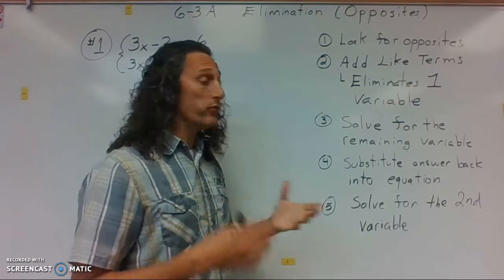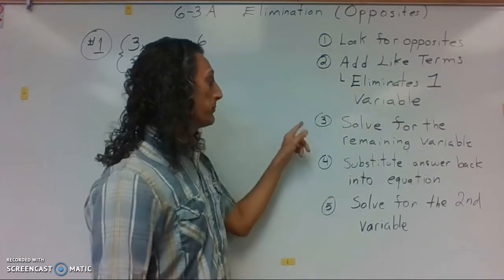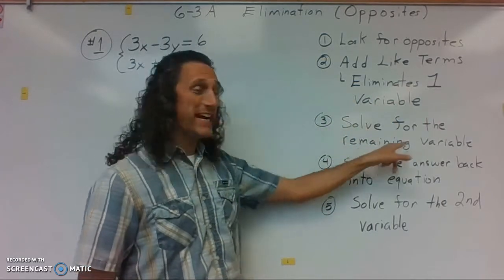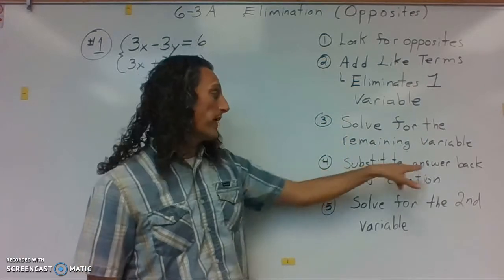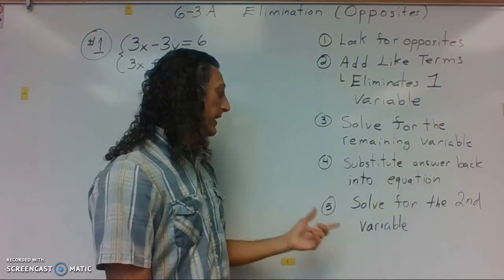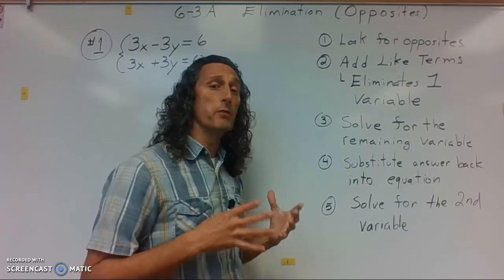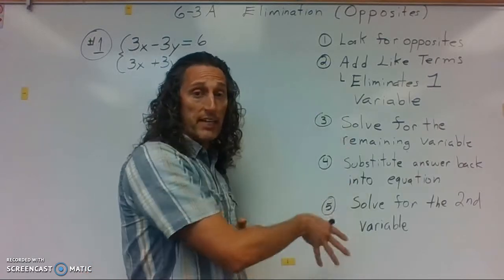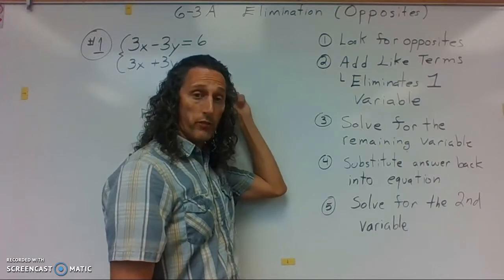And if we do this right, that's going to end up eliminating one of the variables. Okay? Step 3, we have to solve for the remaining variable. Step 4, substitute our answer back into the equation. And number 5, solve for the second variable. So it might sound confusing, but get that copied down. So hit pause right now, and then I'm going to start solving this one.